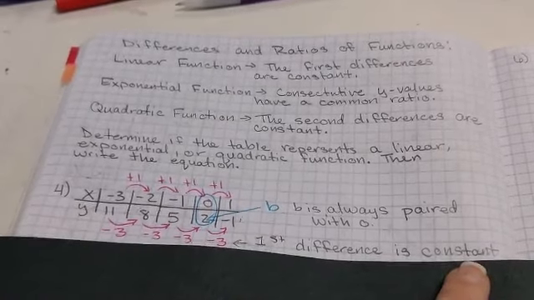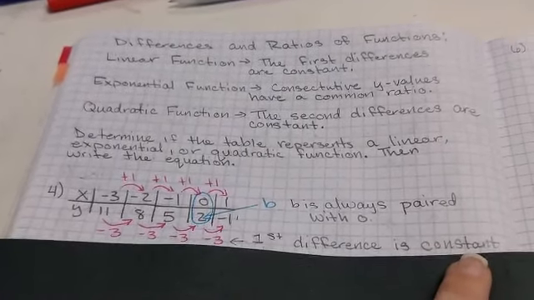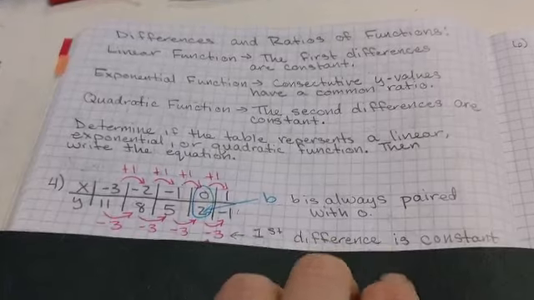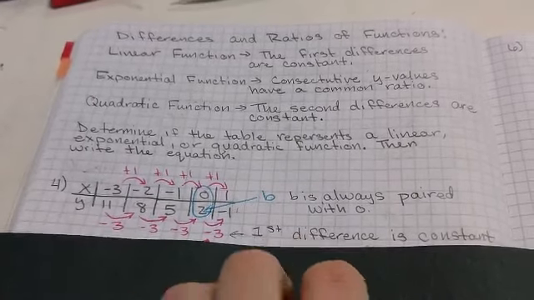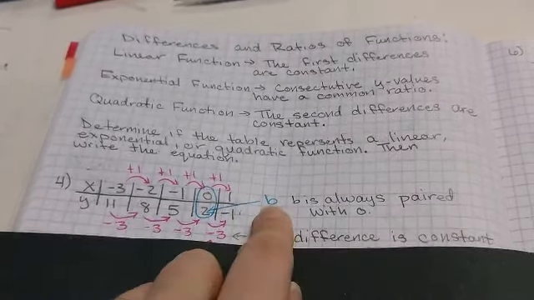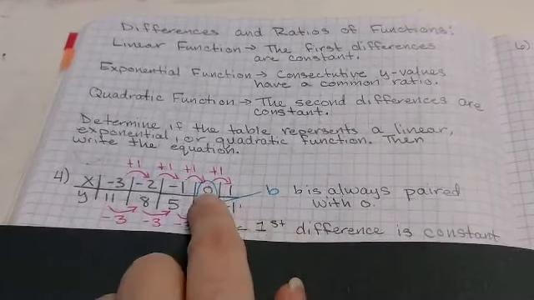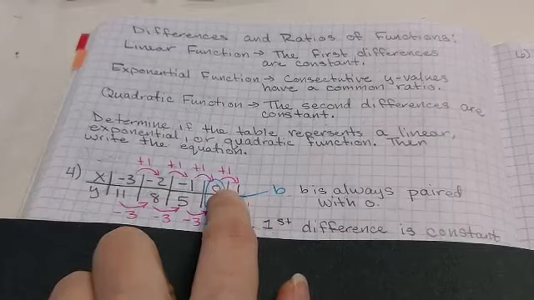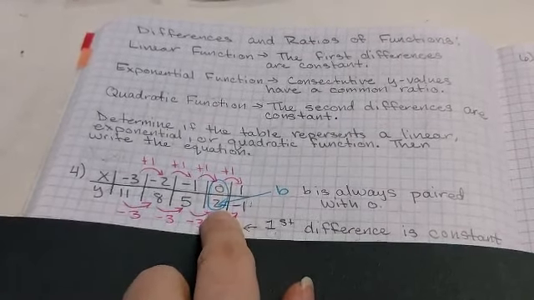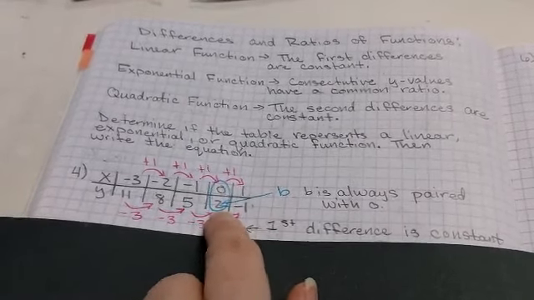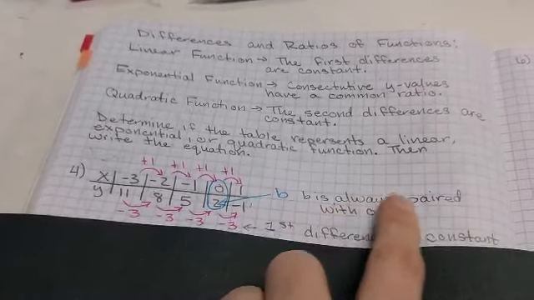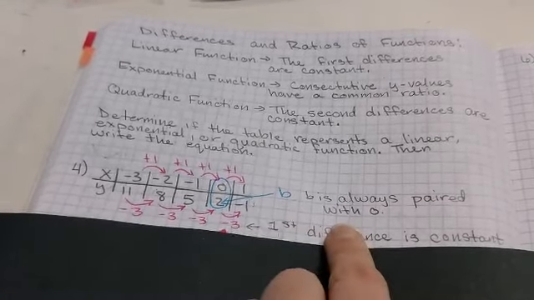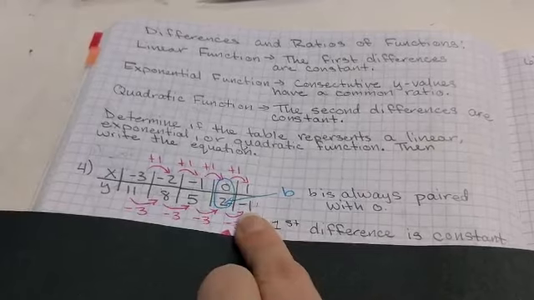Now, if it's linear, I have to know 2 things to build my equation: my slope and my y-intercept. My y-intercept is my b value, and it's always paired with x equals 0. I found on my table where x equals 0, and my y value there is 2, so b is 2.